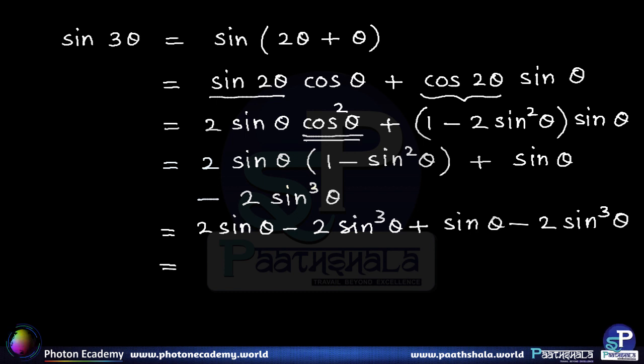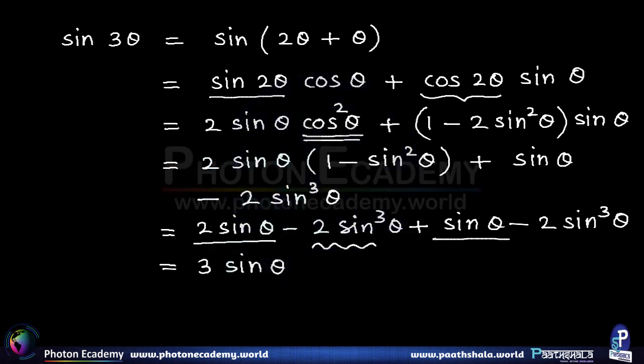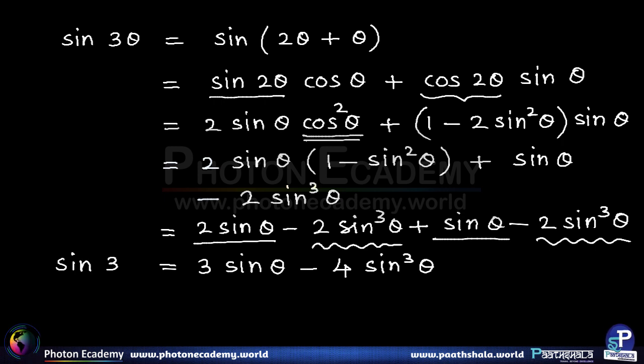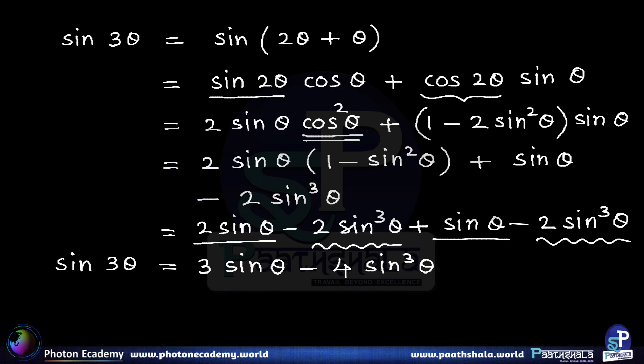So therefore on collecting the like terms, that is 2 sin theta plus sin theta gives us 3 sin theta, and the remaining two like terms, that is minus 2 sin cube minus 2 sin cube, that gives us minus 4 sin cube theta. So this is the last expansion, that is the last statement, is the required expression that we are looking for.